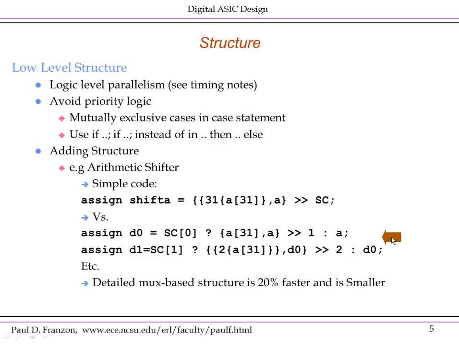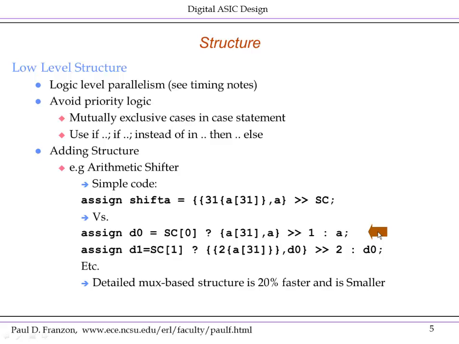So here what we're doing is building a succession of muxes rather than just letting the logic optimization loose. This first mux here, the question mark colon builds a mux, is working out whether to shift by 1 bit or not, depending on the low order bit of SC.